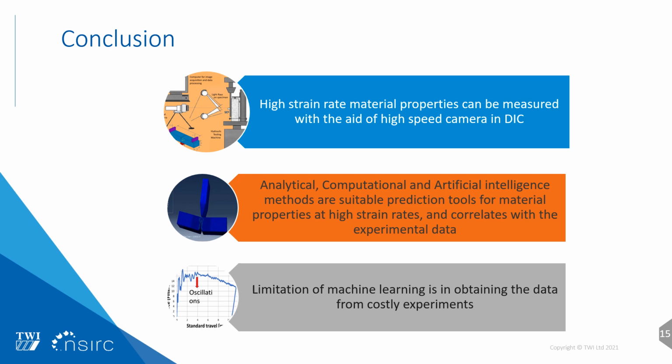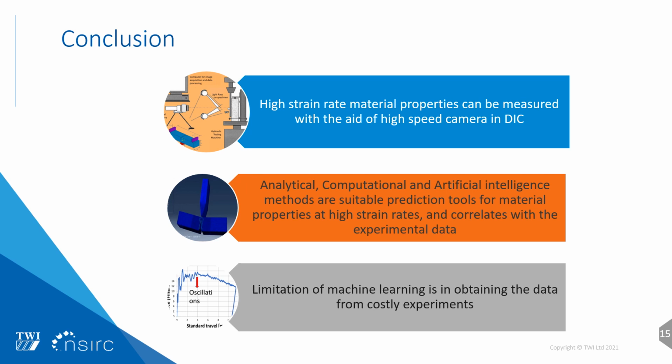In conclusion, we've seen how different methods have been applied to measure high strain rate testing, using the Charpy, using the Instron machine, and also we applied the high-speed camera with digital image correlation to obtain the strain in the material, and then we were able to obtain our stress-strain curve using the point data we obtained from this method.